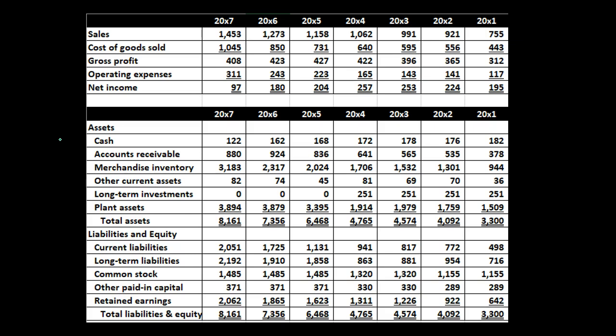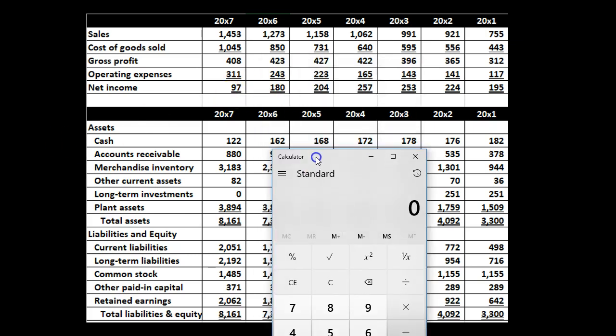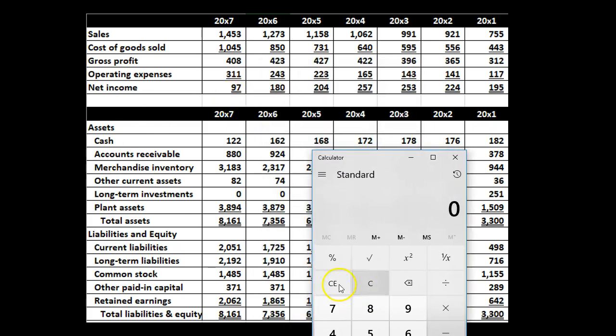And of course, we're going to do the same type of calculations on the balance sheet side, some type of horizontal analysis. So we'll take the cash, for example, 2000x2, 176, divided by the base year, 181. That's going to be the 0.96. And then we're going to do the same thing for the 2000x3, 178, divided by the base year, 182.